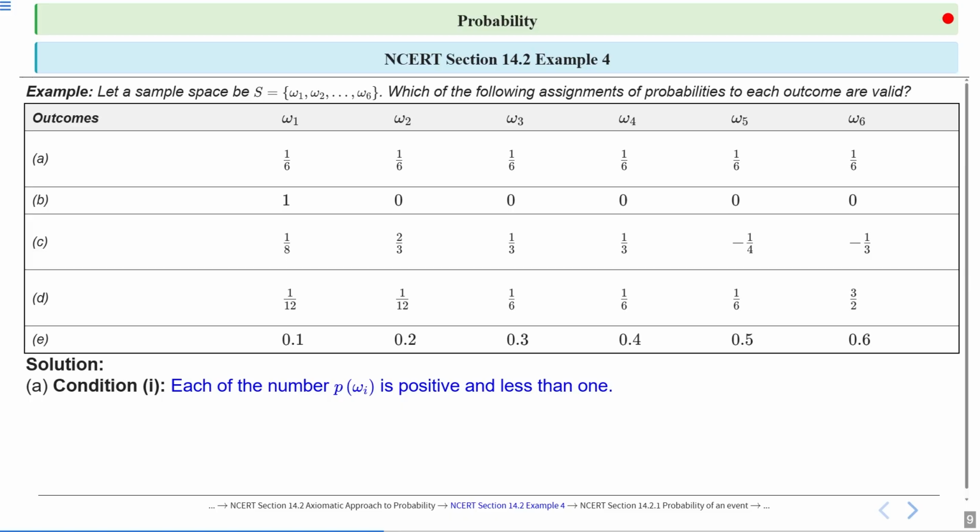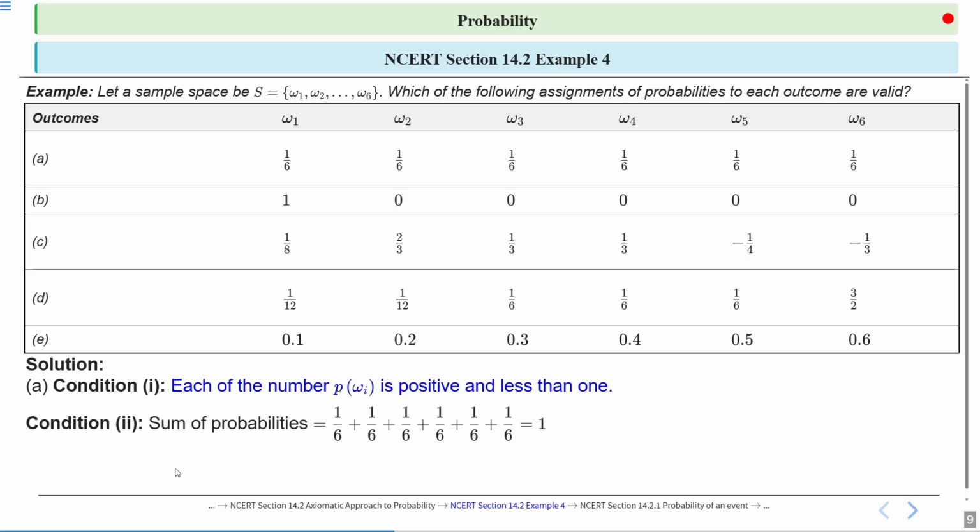So each number P of omega i is positive here, and each number is less than 1 also. So now condition 2, check condition 2.